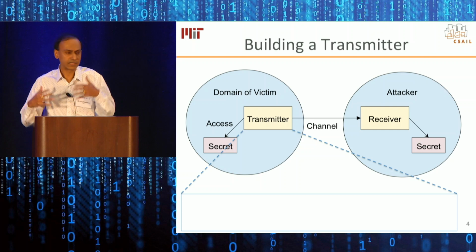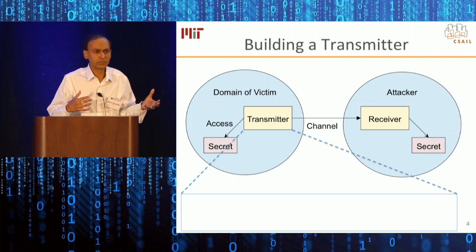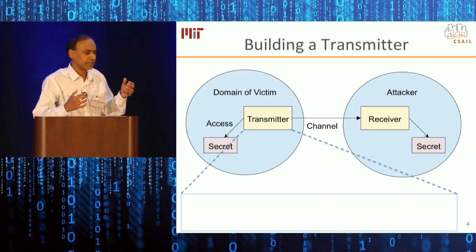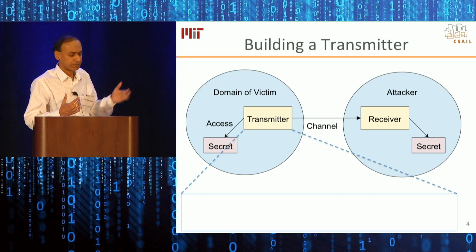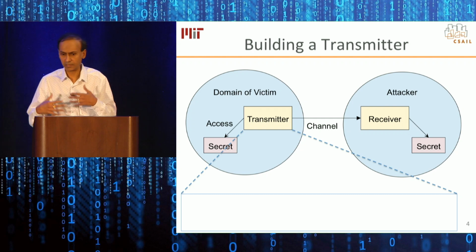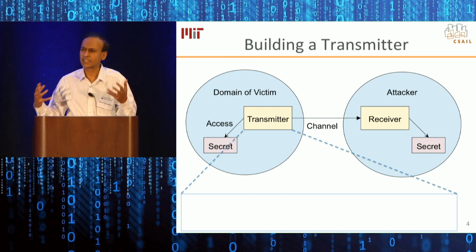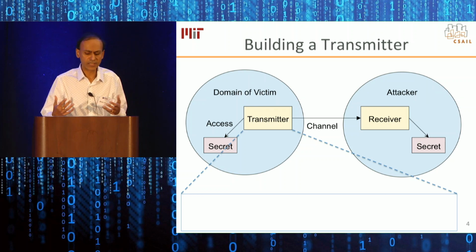You have containers, domains, processes, what have you, and there's a victim domain and an attacker domain. Obviously these domains should stay separate. And what happens is that you have a channel that's built potentially by the attacker, but essentially exists in the design in some fashion, which is this side channel.